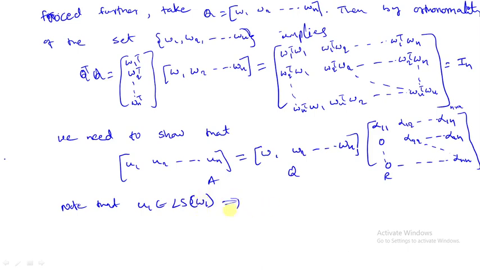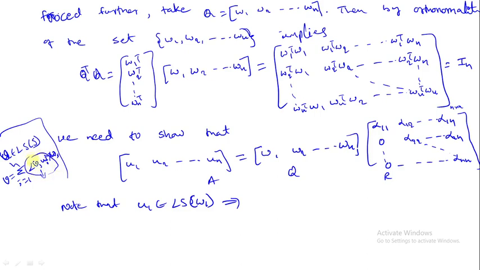Already you know that if a vector v belongs to the linear span of orthonormal vectors, we can write v as the sum over i from 1 to n of the inner product of v and wi times wi. That is a linear combination of these vectors, where the coefficients are constants. We discussed this theorem in the first lecture of this unit; you can refer to it. Here there is only one vector, so u1 equals alpha 1 1 into w1.